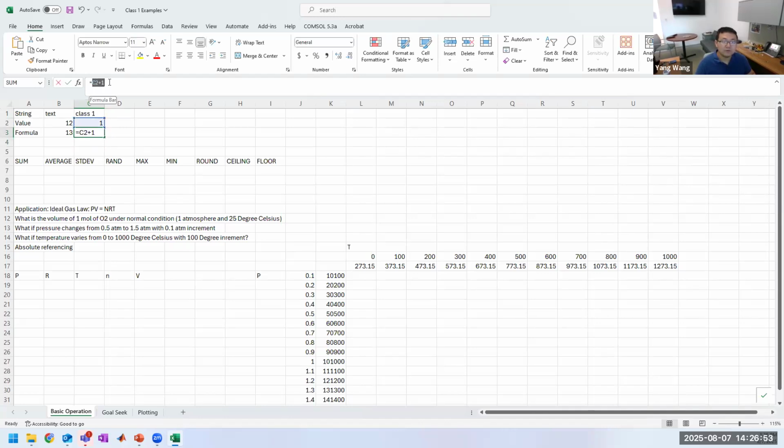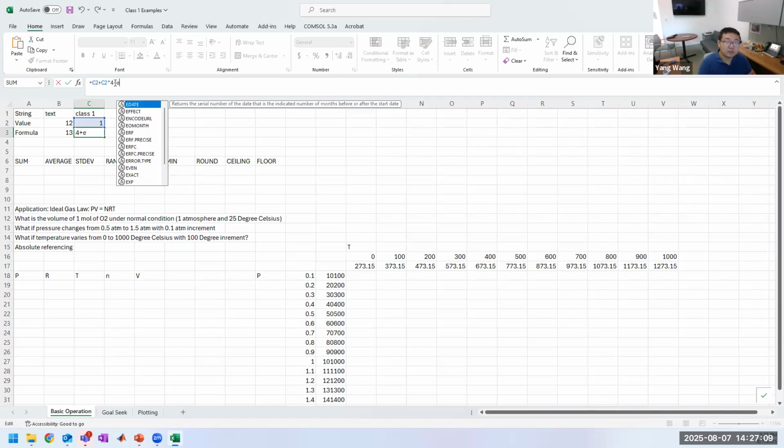And you can also do sophisticated calculations. For example, C2 plus C2 to the power of 4, although it's still 1, right? Or plus the exponential of C2.